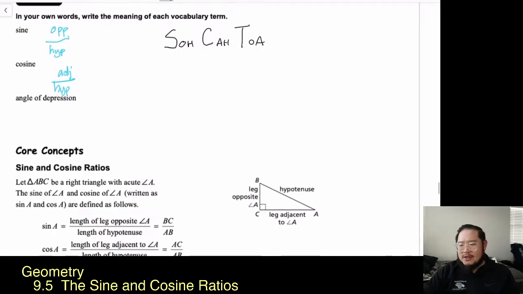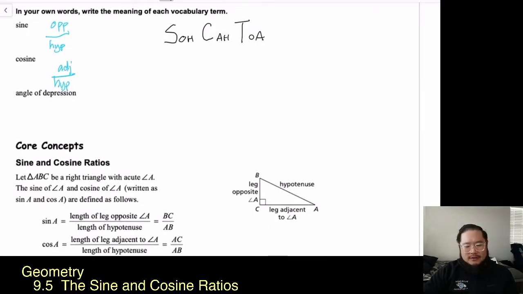In 9.4, we talked about the angle of elevation. In this section, 9.5, we're going to talk about the angle of depression. Now, depression, we usually think of being down, so that's exactly how we're going to see this.